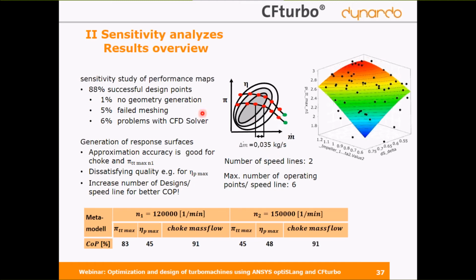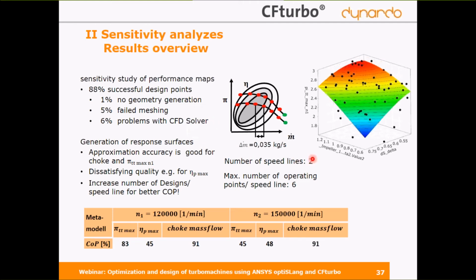In this whole process, 88% of the designs were successful, 1% failed in the geometry generation, 5% due to meshing, and 6% within the solver call. So one operating point at choke or speed could not be calculated, or a whole speed line could not be evaluated. These might be reasons for these failures.